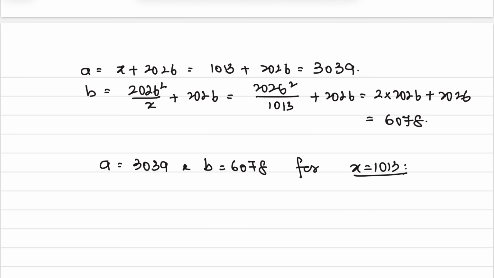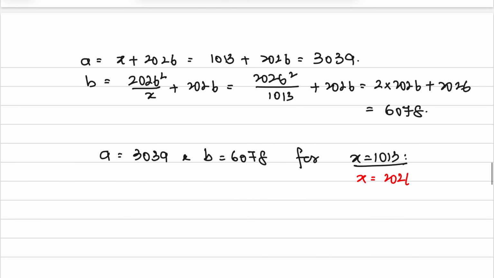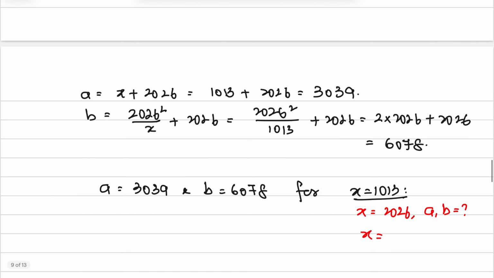Similarly, as a homework, you find, because mathematics can be learnt by doing only. Simple. If x is equal to the other divisors, 2026, what are A and B? If x is equal to 4052, what are A and B? These you find.